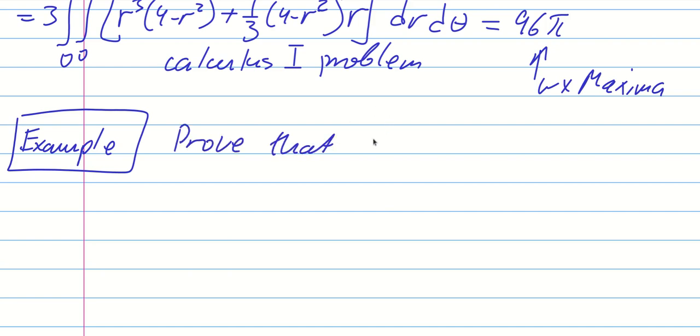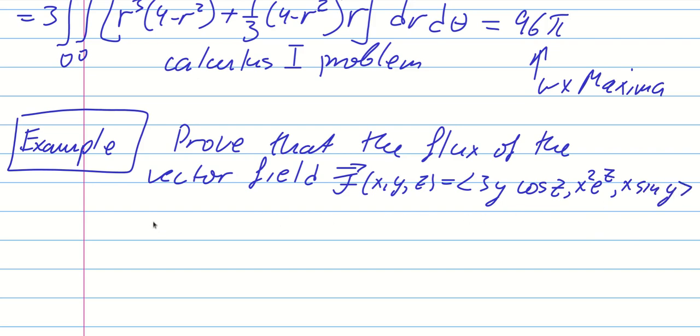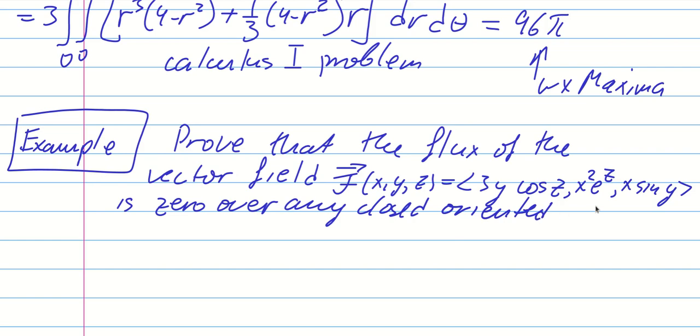Prove that the flux of the vector field F of x, y, and z equal to 3y cosine of z, x squared e to the z, and x sine of y is 0 over any closed oriented surface dQ enclosing a solid region.